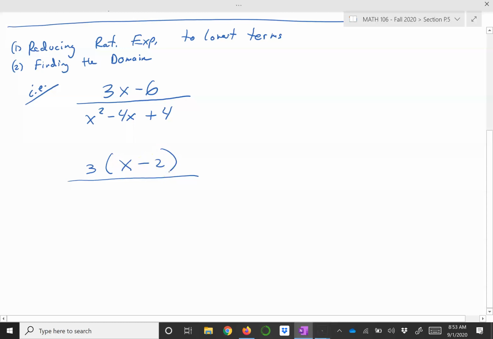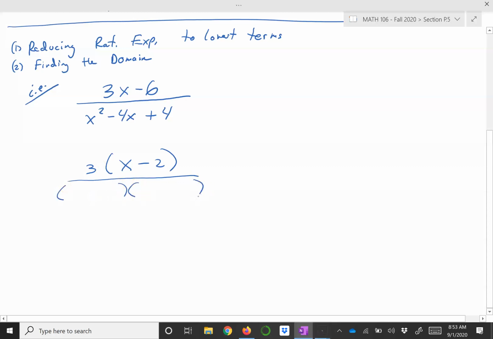Now, I just want to point out, when you have an integer like 3, or any real number, next to a quantity like x minus 2, remember that is really multiplication. We just don't write that symbol, but that's really what we're doing. We're multiplying 3 times x minus 2.